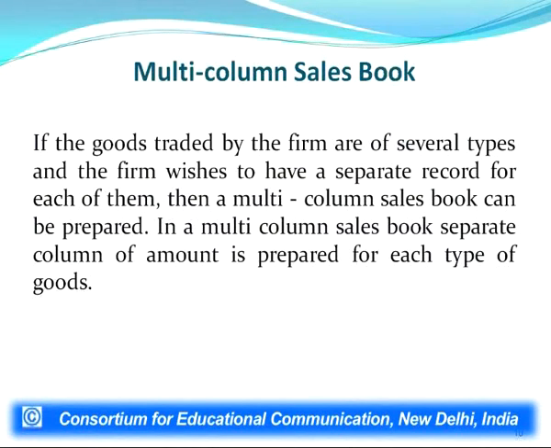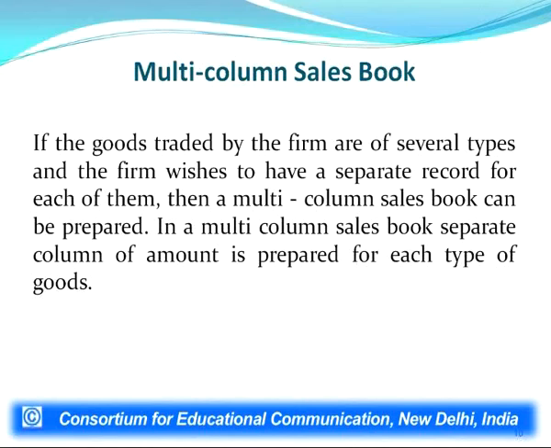Now, we are talking about large firms dealing in more than one type of goods, having different counters. If the goods are purchased or traded by the firm in several types, then the firm, if it requires, can maintain the record of each type of goods, and for this purpose it has to prepare the multi-column sales book.